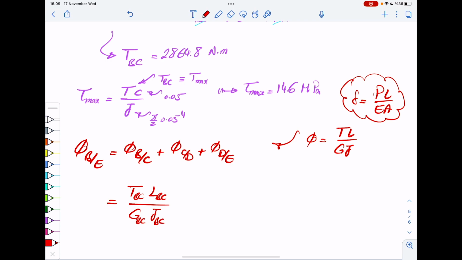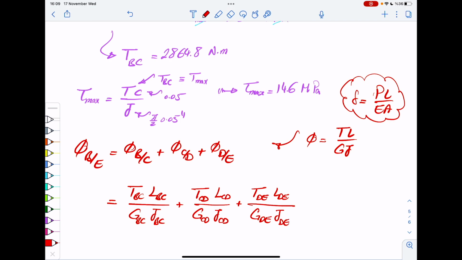Now, G and J are constant throughout the shaft, but I keep writing them as if they will change, for completeness. Then it would be TCD LCD divided by GCD JCD, plus TDE LDE divided by GDE JDE.